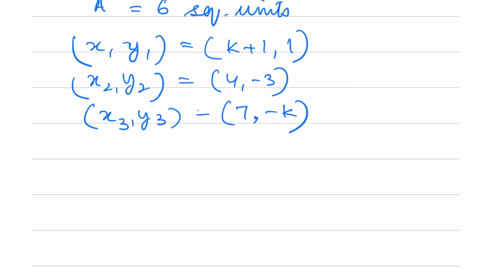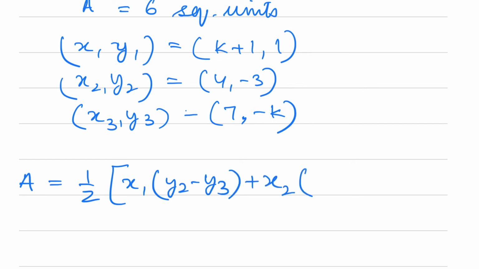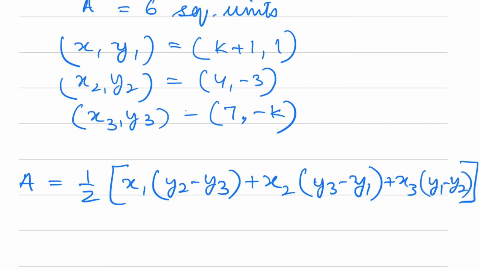Let's write down the area of the triangle formula. Area is equal to half into x1 into y2 minus y3 plus x2 into y3 minus y1 plus x3 into y1 minus y2. Area is 6 and I'll multiply by 2.